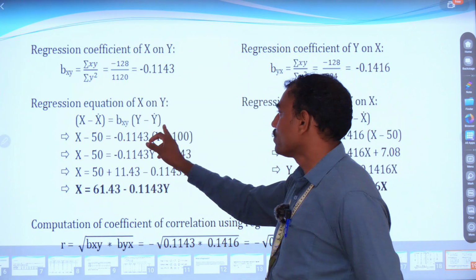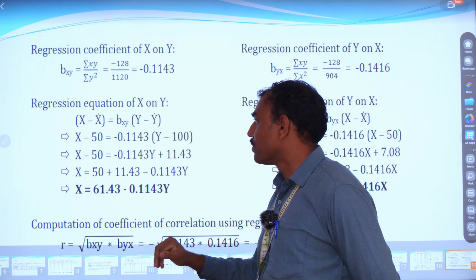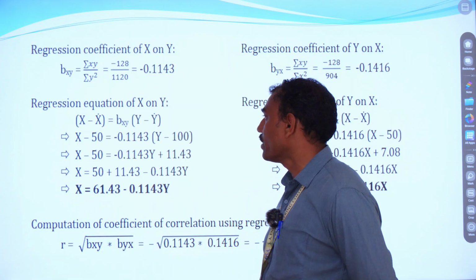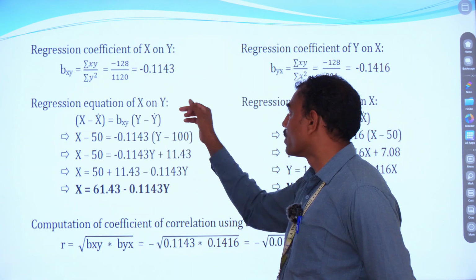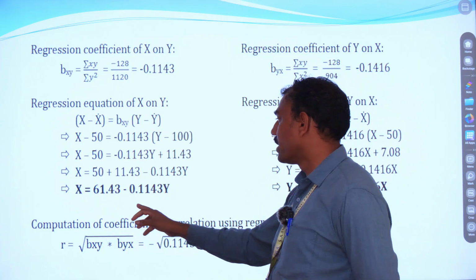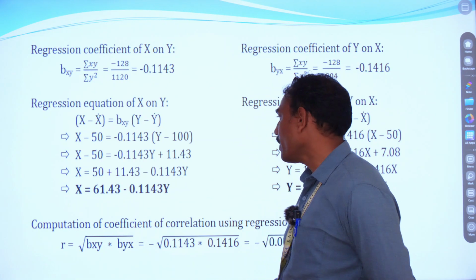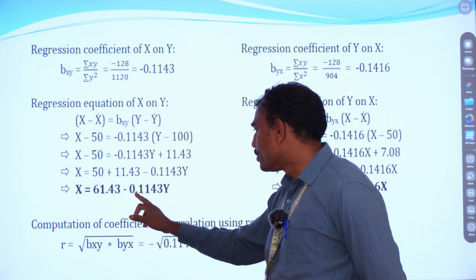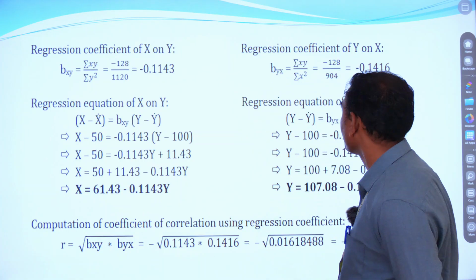So x minus 50 equals minus 0.1143 into y minus 100. Finally we get x equals 61.43 minus 0.1143 y. So 0.1143 is the slope value.